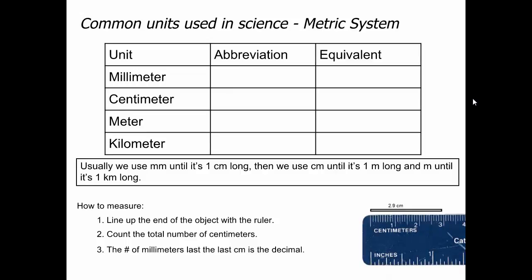The units for length that we will be using are millimeter, centimeter, meter, and kilometer. Those are the ones you should be familiar with. Let's talk about them a little so we can understand what they actually mean. We abbreviate all of them with simple lowercase letters, millimeters being mm. How big is a millimeter?